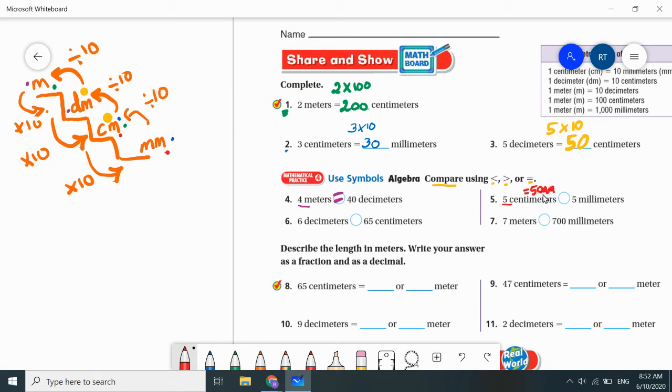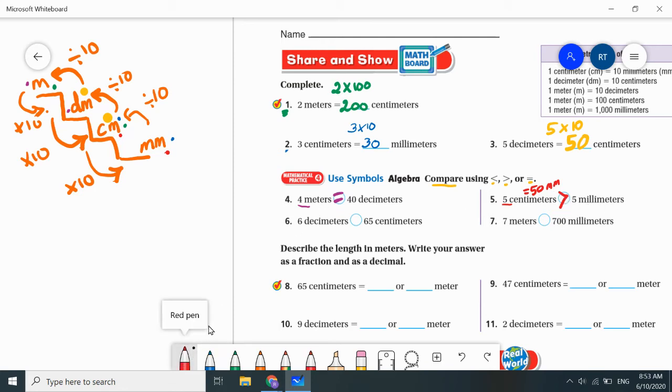So if I have here 50 millimeter and 5 millimeter, what is the relationship between 50 millimeter and 5 millimeter? Is 50 millimeter less than or greater than or equivalent to 5 millimeter? Actually, 50 millimeter, of course, is greater than 5 millimeter. So to compare, we should be having the same unit on both sides. So here I'm comparing millimeter with millimeter, right? So 50 millimeter is greater than 5 millimeter.